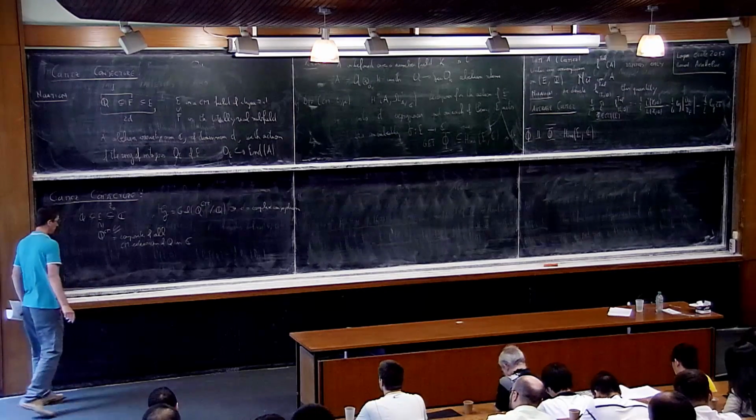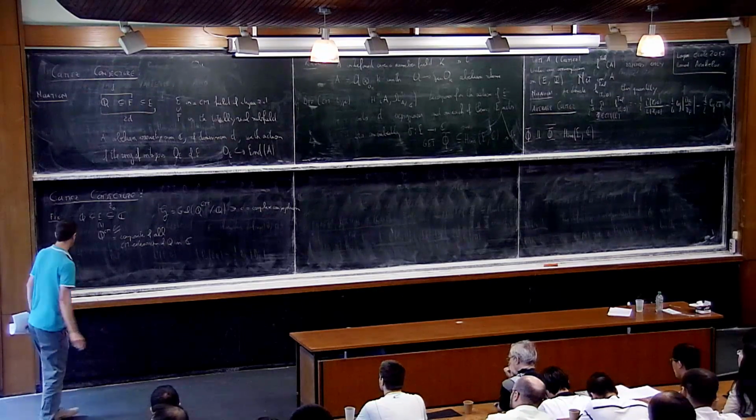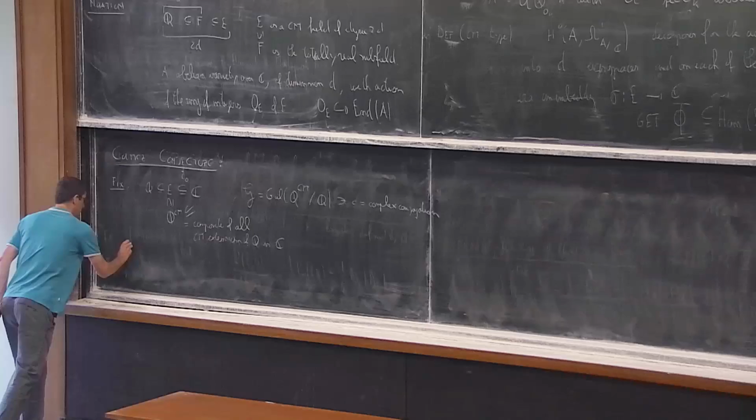Okay, so the starting point of Colmez's analysis is the following Q vector space.